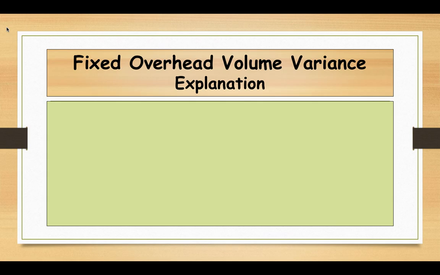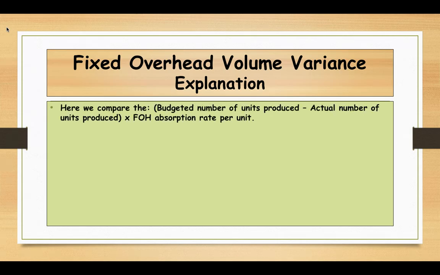Fixed overhead volume variance. Volume variance stands for the number of units. So here we compare the budgeted number of units with the actual number of units. The difference will be multiplied by the fixed overhead absorption rate per unit.